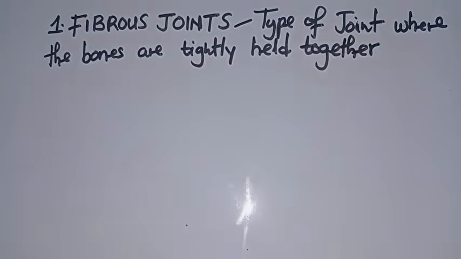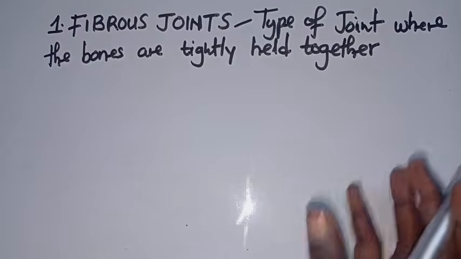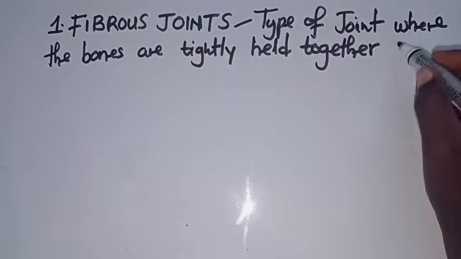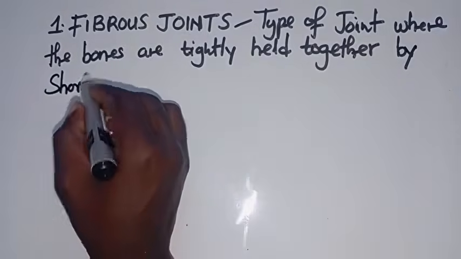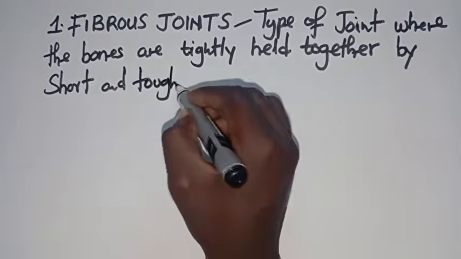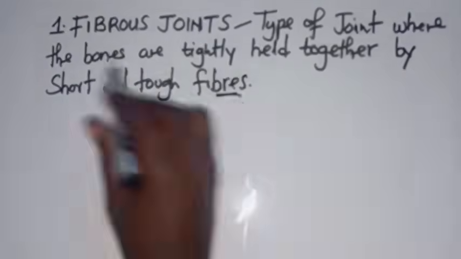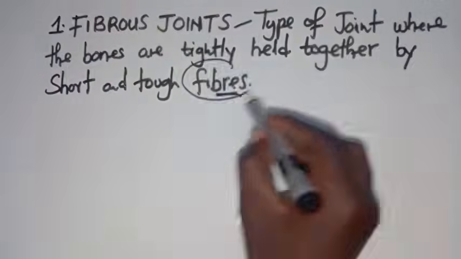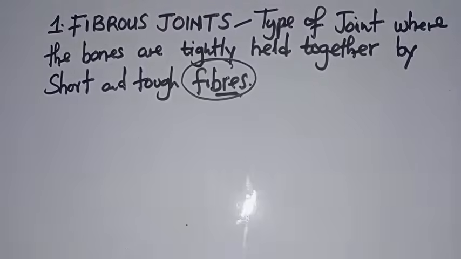So when you are talking about fibrous joints, we are talking about those joints where these bones are tightly held together by short and tough fibers. Coming from the word fibers, fibrous joints. So they are held together by these fibers. This is what you are supposed to get.